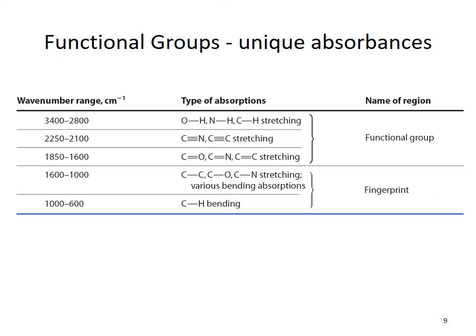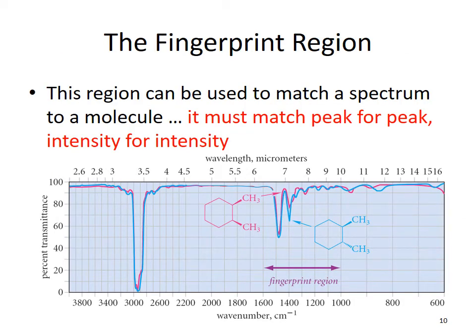In the first 3 sections that we went through, it's relatively easy to look at a spectrum and say, oh, that peak right there is an oxygen-hydrogen bond, or that peak right there, that's a carbon-carbon bond. But when you get below 1600, it's very hard to assign individual bonds to individual peaks. The fingerprint region is right here. It's from right here, 1600 and below.